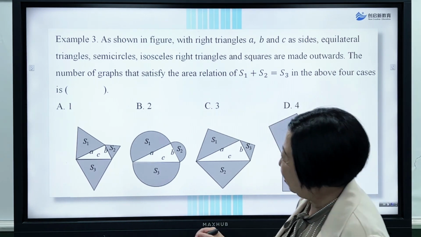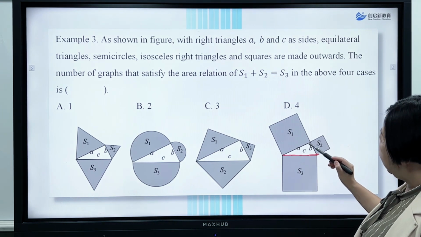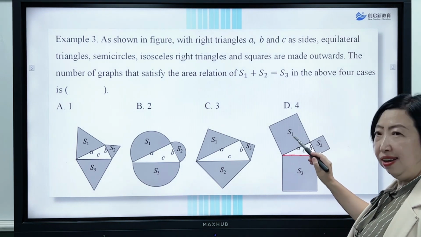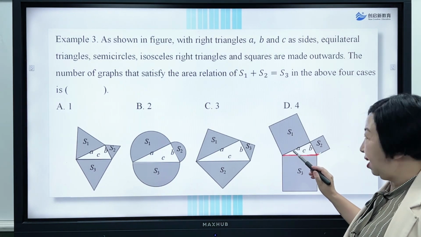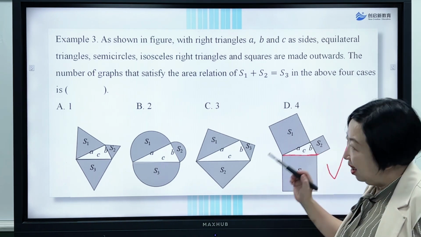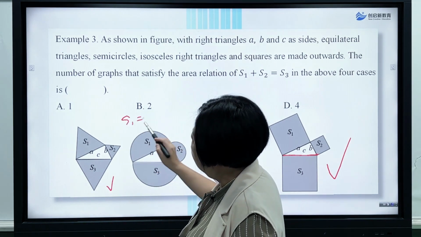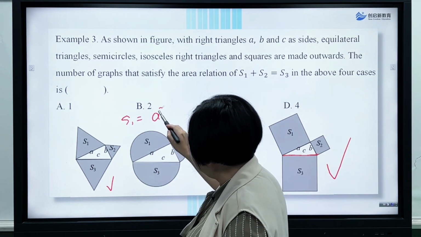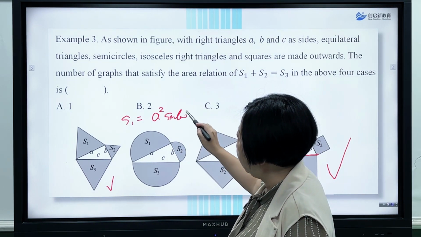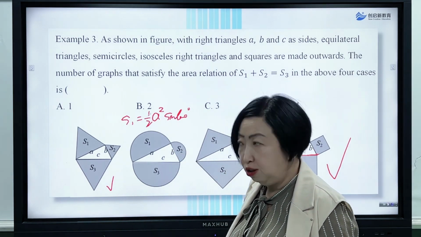Let's have a look. Of course, here the squares. S1 is the square of A. Here is the square of B. Here is the square of C. Here we know S1 equals the square of A times sine 30 divided by 2.